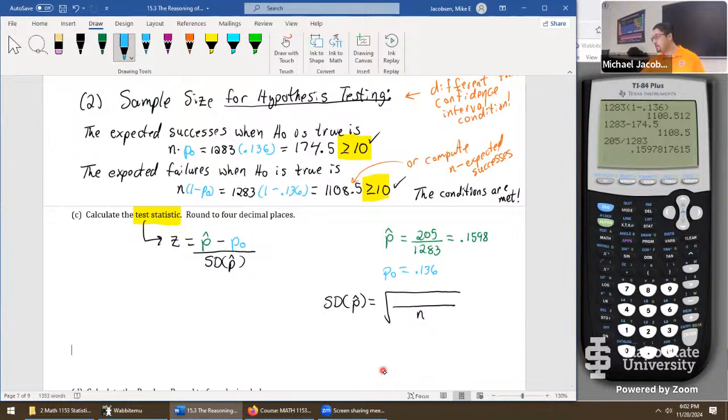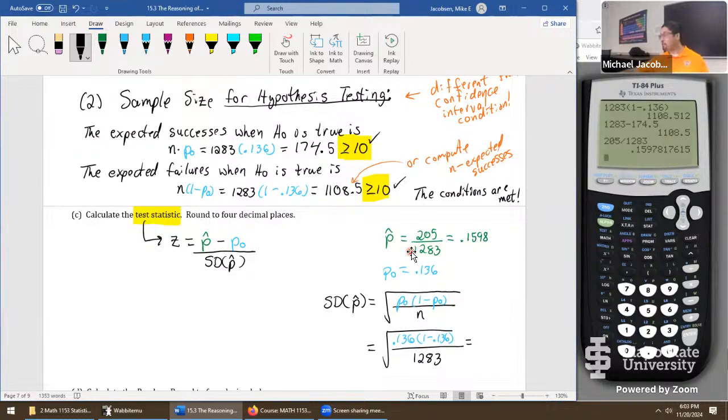We're putting in the true value of the parameter when the null hypothesis is true. So that's what it would look like as a formula. This turns into the square root of 0.136 for p naught, 1 minus 0.136 again, divided by the sample size n, and that sample size n we can read from p hat over here, 1283.